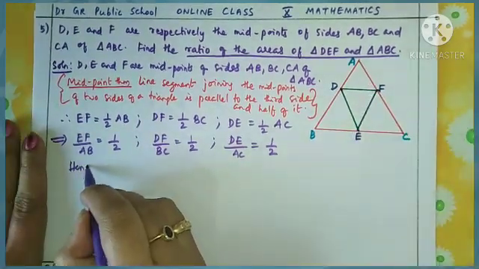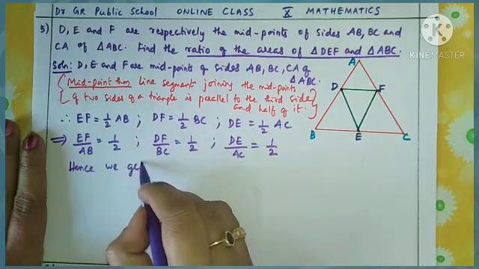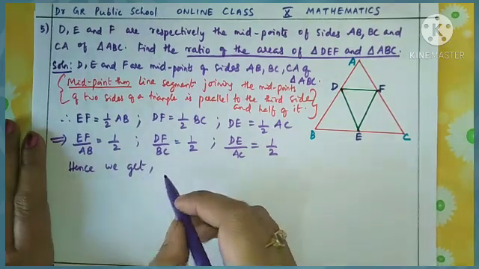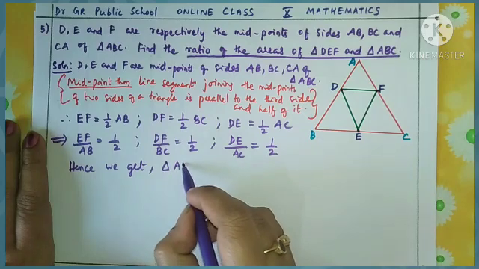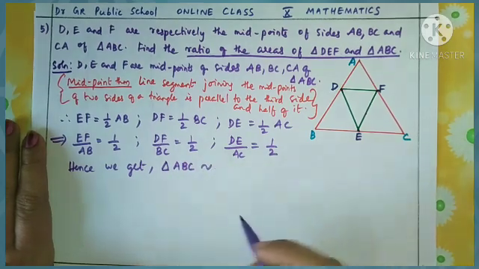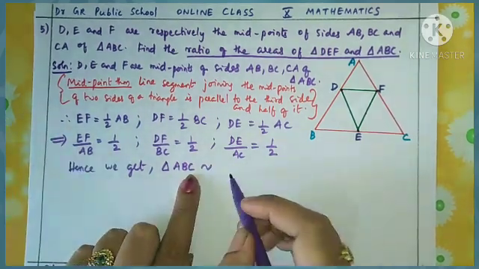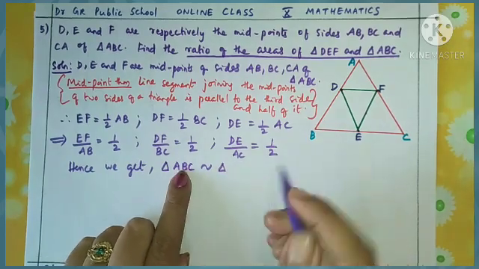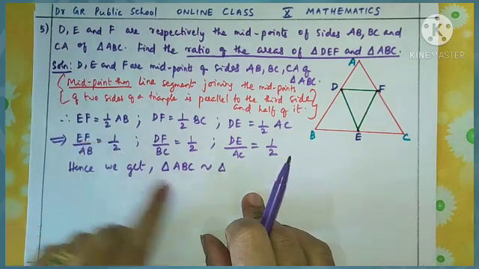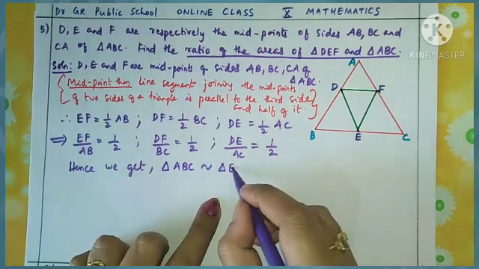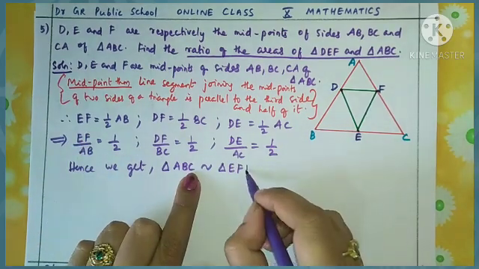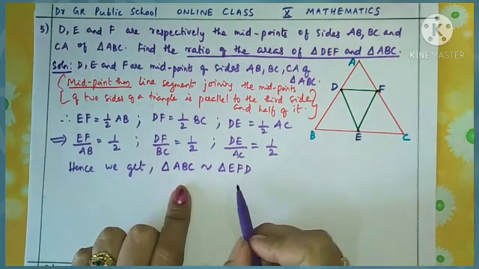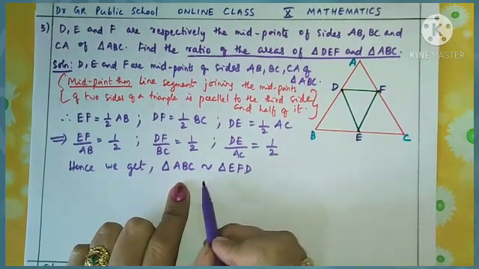Hence we get triangle ABC is similar to, here AB corresponds to what? EF. So you want to write EF and the third D, then only you will get the name correctly.